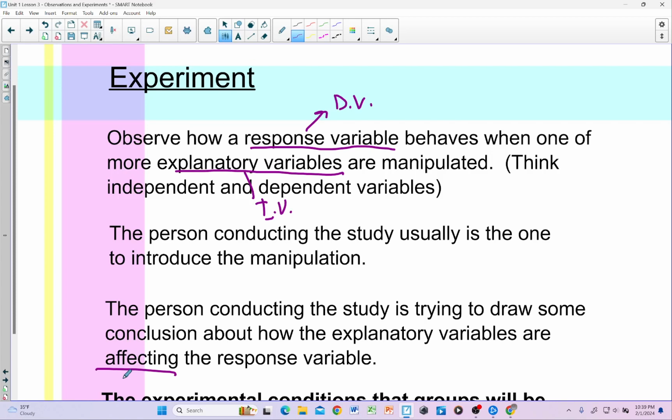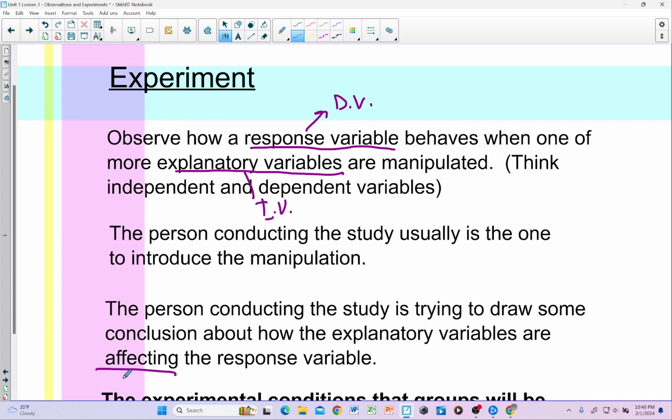I know, I just used effect. Effect is the noun. So effect is the thing that happened. Affect is the actual happening. So we're going to work on that this year, okay?